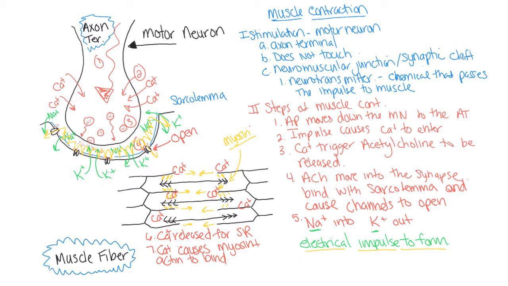That shortening of the sarcomere is actually what a muscle contraction is. So there's 7 steps here, because once our actin and myosin bind, our myosin waves and contracts the sarcomere.